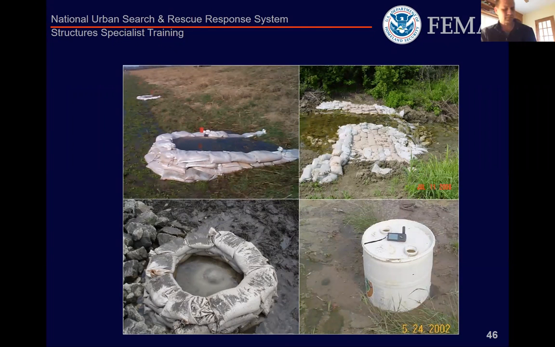And it's hard to see in this, but just a couple inches down from the top of that barrel is where that pool elevation is inside the barrel. It's almost to the top.